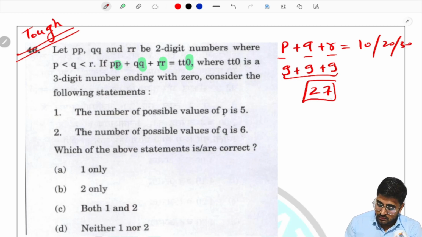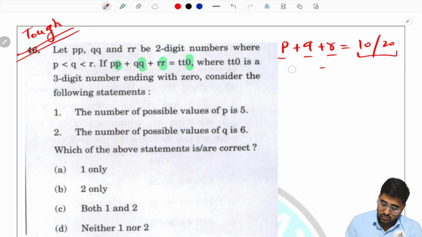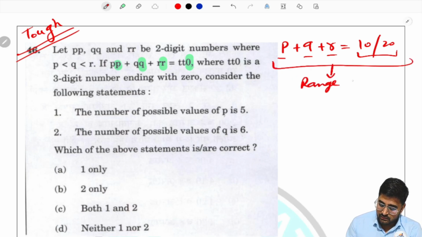So 30 is not possible. We have two options left, 10 or 20. So by this logic, we got to know that the sum falls at 10 or 20 only.